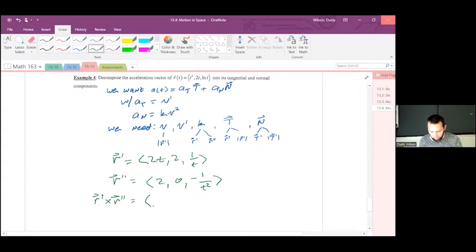So that's going to be negative 2 over t squared, comma, let me put my minus sign in place. So it looks like I've got negative 2t over t squared minus 2 over t.